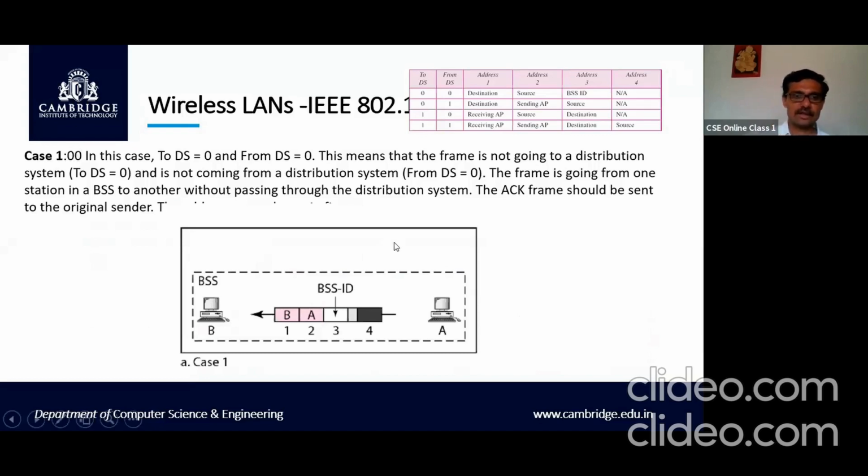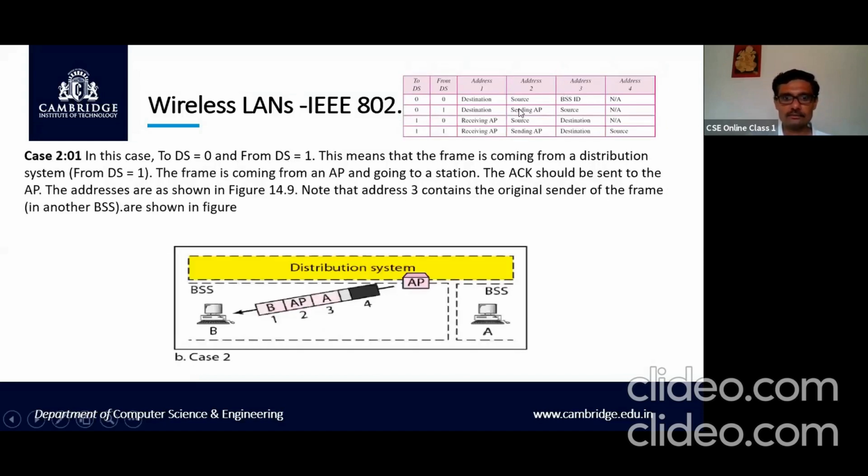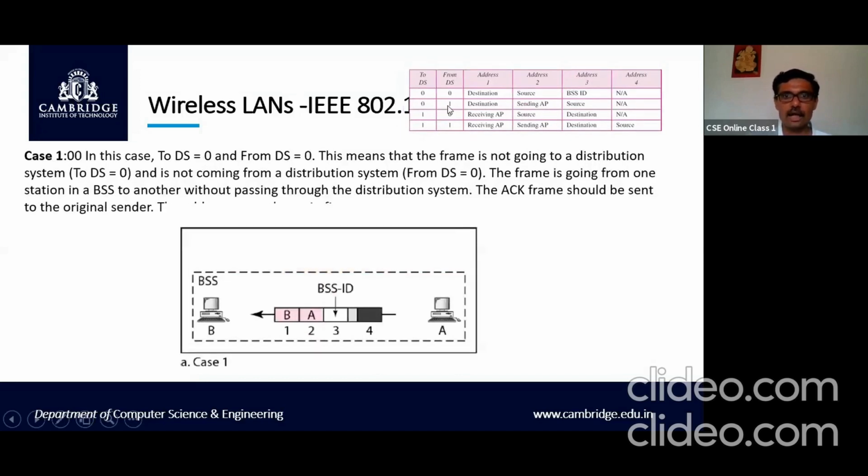Carefully listen and see this diagram. To DS is 0, from DS is also 0. Now, address 1 is the destination address. Address 2 is the source. You can see here in the table. Address 3 is the BSS ID. Address 4 is not applicable here.